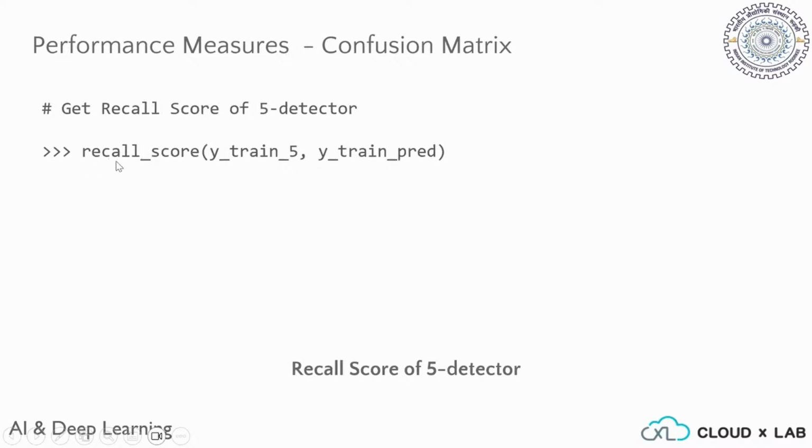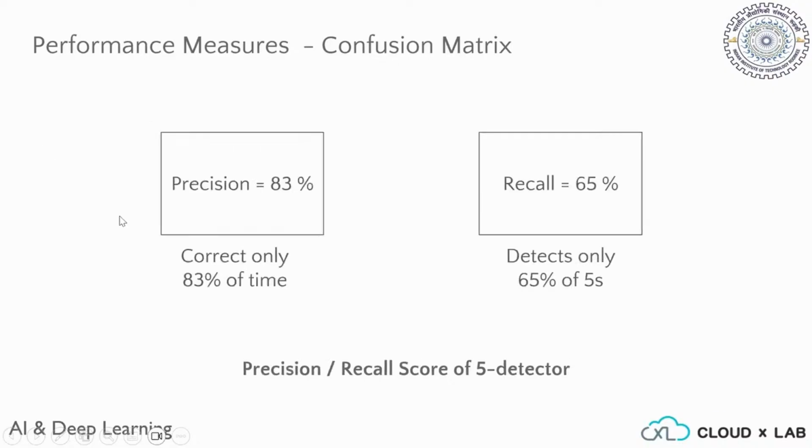Similarly, to get the recall score, you will use the recall_score method with the same arguments, and we will get the recall, right? Okay.